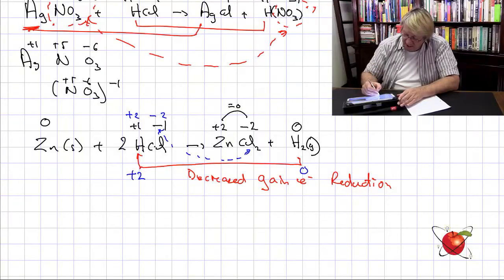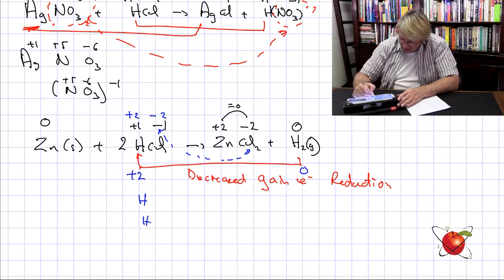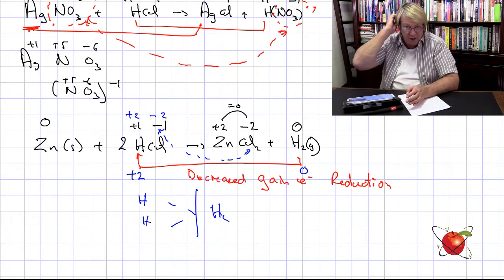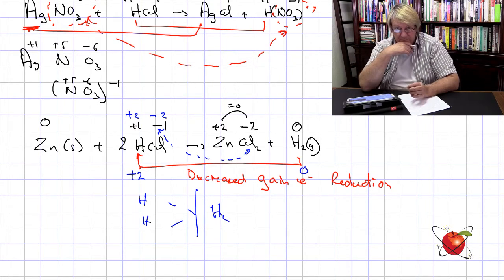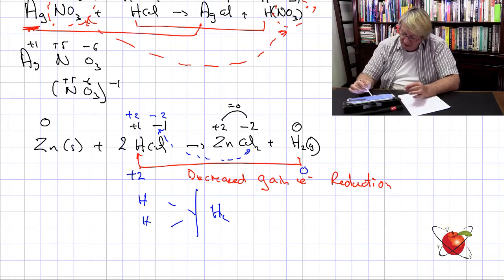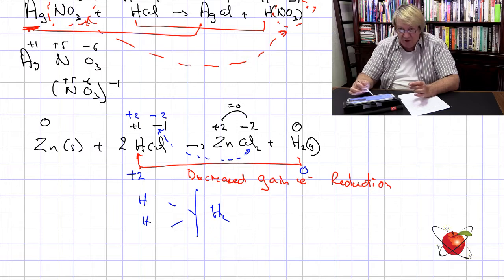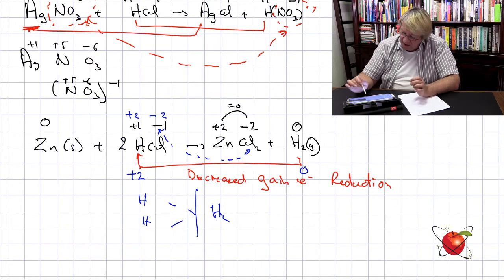We had 2 hydrogens, each one got an electron. That's what really happened there. If we break it down, we had an H and an H. Those two came together at the activated complex and formed H2, right? The chlorine didn't change.